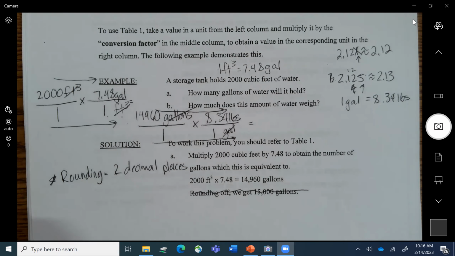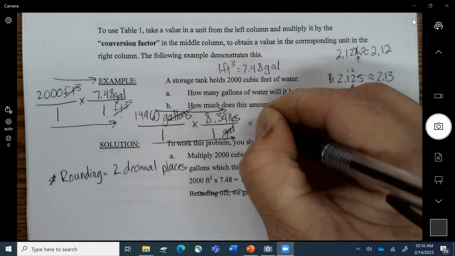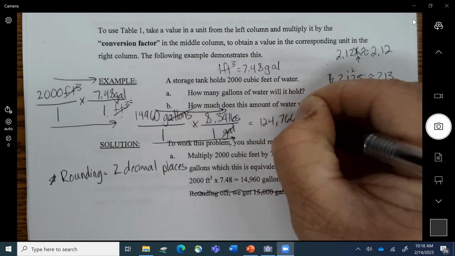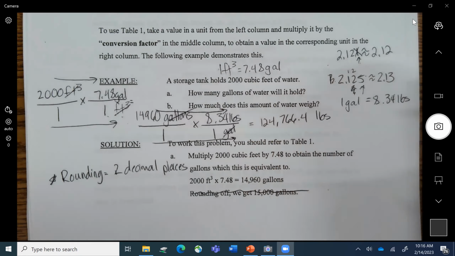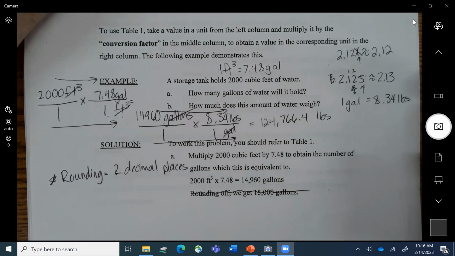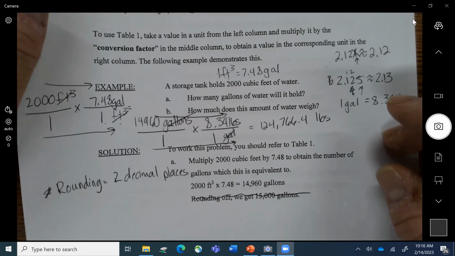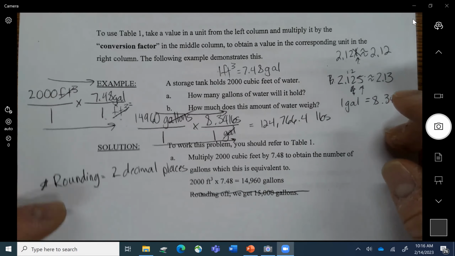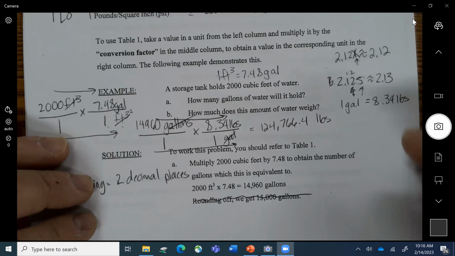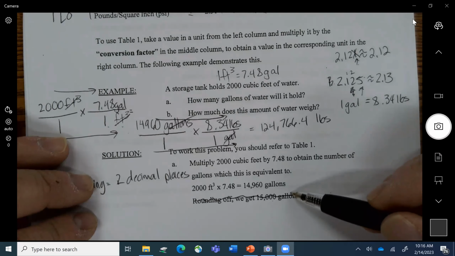So 14,960 times 8.34 gives 124,766.4 pounds.